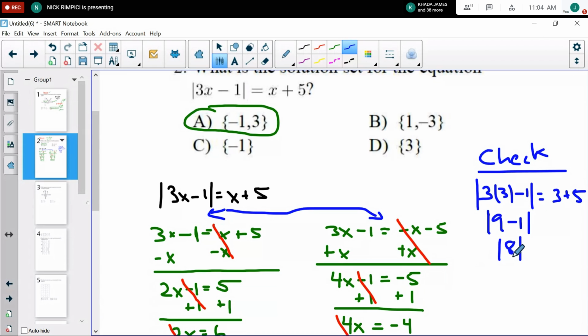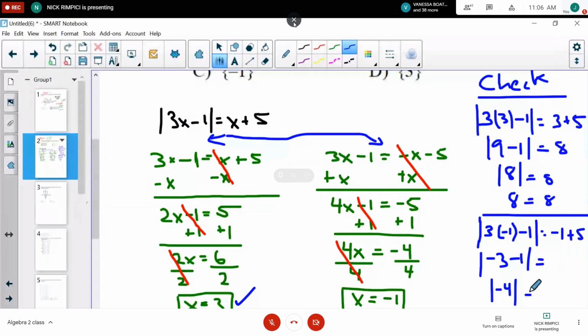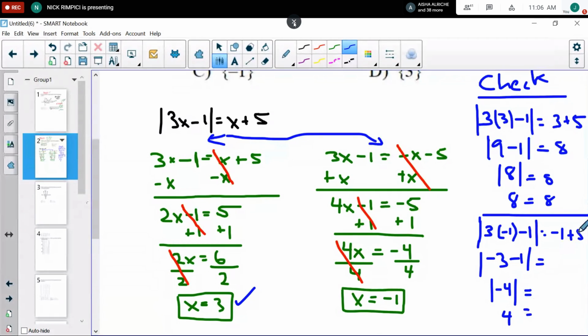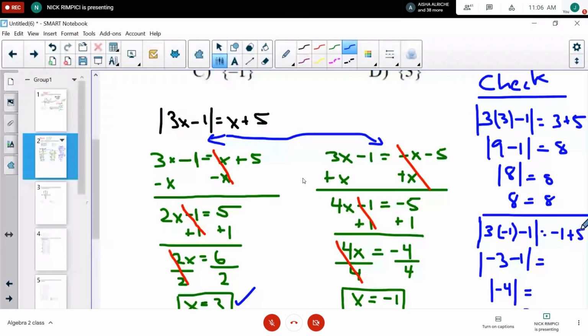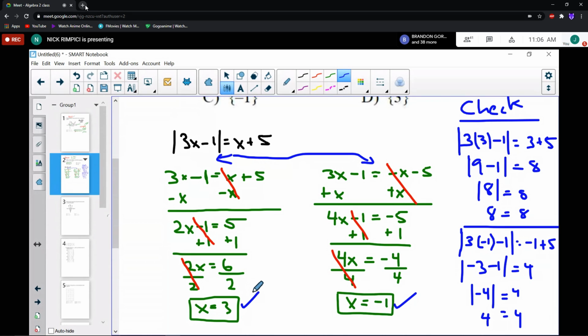So I have 4 on the left side. On the right side, 5 minus 1 is 4. So it matches up, which means that -1 is a good choice as well. It works. It makes the statement true. So both -1 and 3 are solutions to the equation.